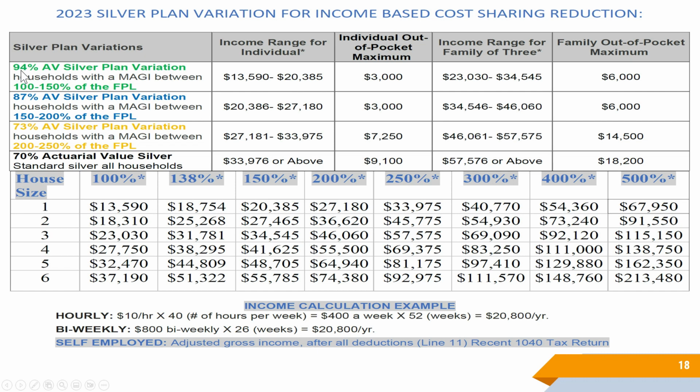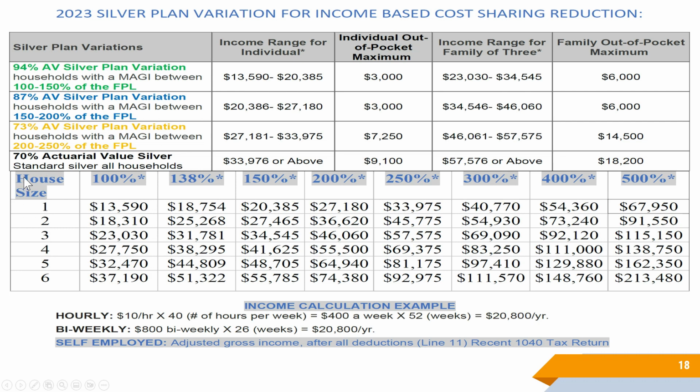So this silver plan at this income level is actually a better plan than the standard platinum plan that only covers 90%. And one thing I want you guys to know is $1 off. So if the person makes $20,386, they don't qualify for this 94% plan, they'll qualify for the 87% plan, right? So this chart is going to be very helpful for you to know where people fall.